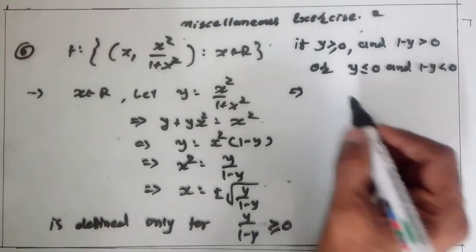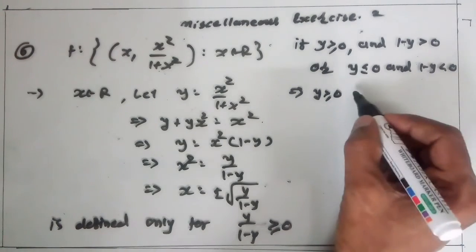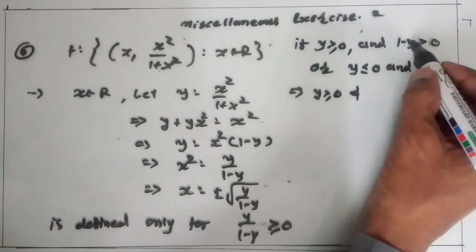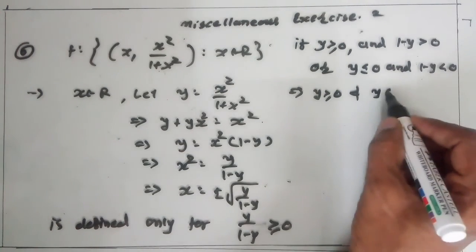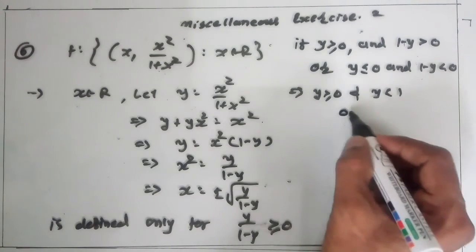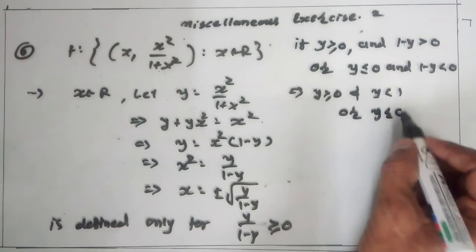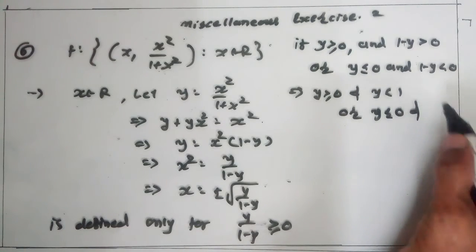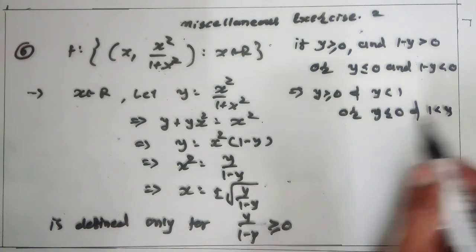Clear? This implies y greater than or equal to 0 and y less than 1, or y less than or equal to 0 and 1 less than y.